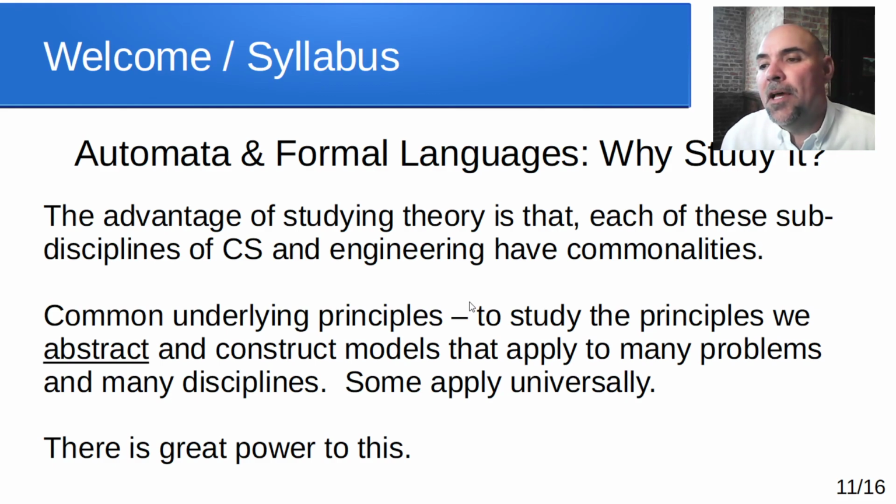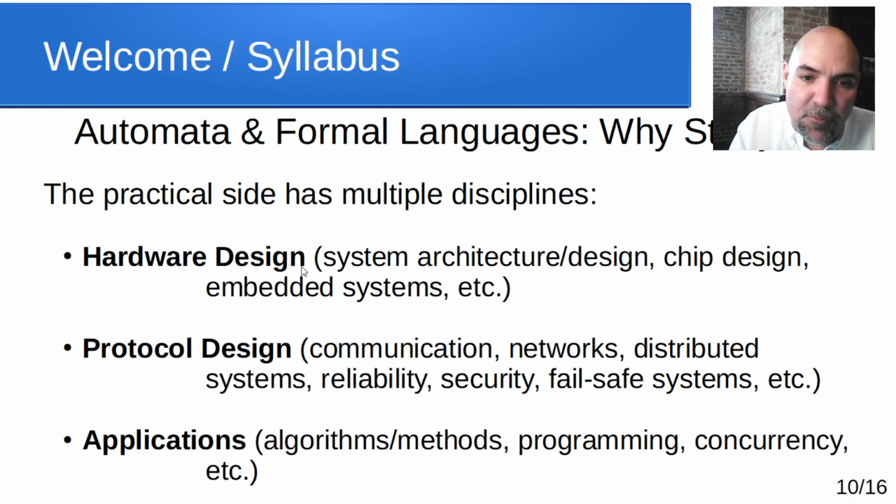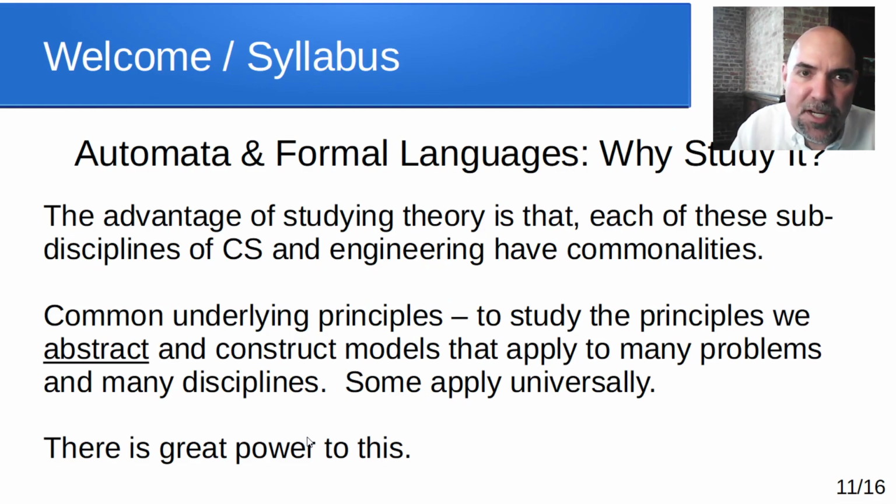So to summarize that, the advantage of studying the theory or theoretical abstract concepts is that each of those subdisciplines of computer science and computer engineering have commonalities. Each of those, even though you might look at this and say, well, hardware design is completely different than writing a program, it's really not. There's some common shared traits there.